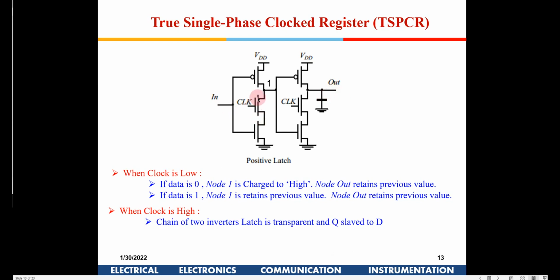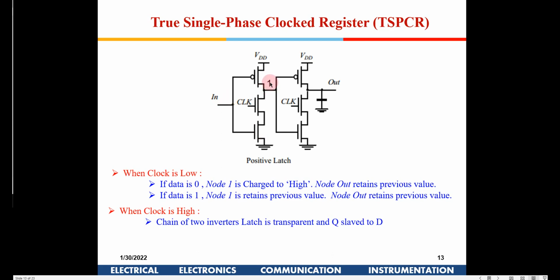And when the clock is low, suppose the data is making a transition from 0 to 1, this transistor will be switched on, whereas this transistor is off, so this node will not get affected. Whereas if it is making a transition from 1 to 0 here, this node will get charged to 1.